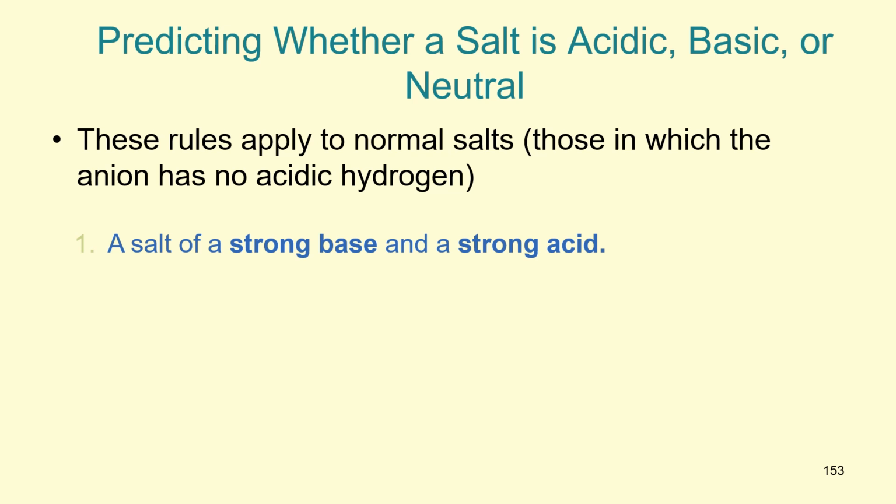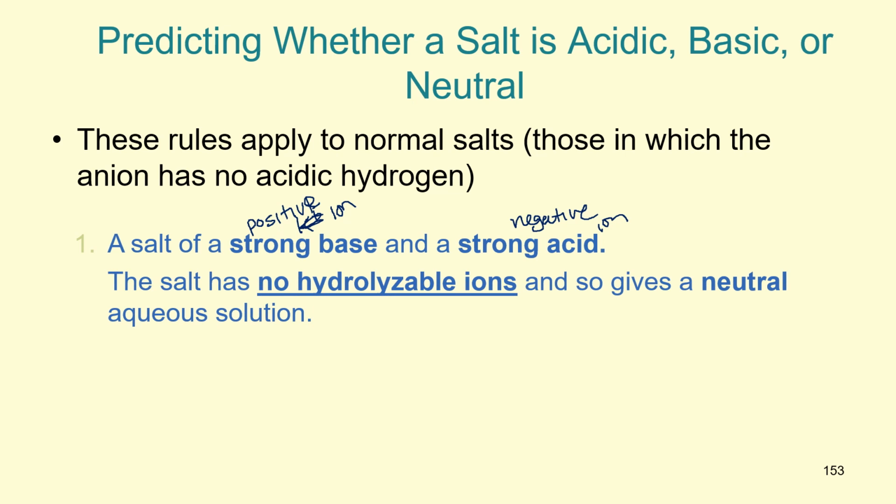So if you have a salt where the positive ion comes from a strong base and the negative ion comes from a strong acid, then neither of them are hydrolyzable, it's neutral.